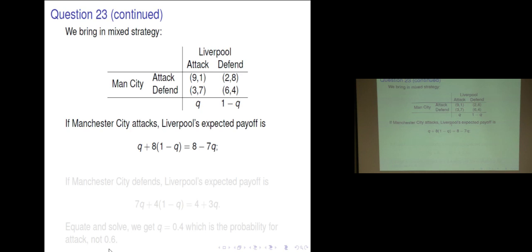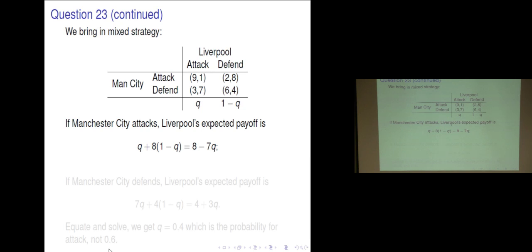Then what is the payoff? We look at the first row of the table. Liverpool will get 1 with probability Q, so this is 1 times Q. And he'll get 8 with probability 1 minus Q. So the expected payoff for this situation is Q plus 8 times 1 minus Q, which is 8 minus 7Q.